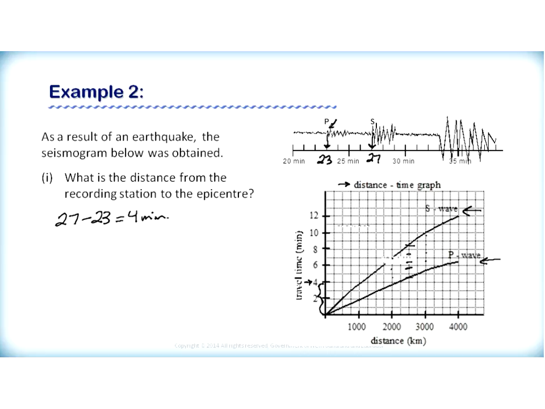So we draw an arrow straight down, and we can read off the distance at which the epicenter was away. In this case, it would be 2,500 kilometers. So the distance of the earthquake epicenter would be approximately 2,500 kilometers away.